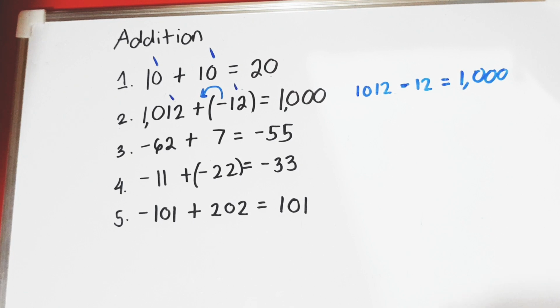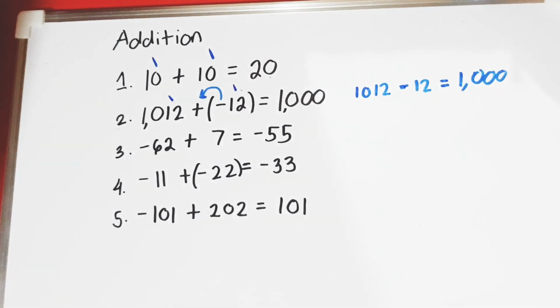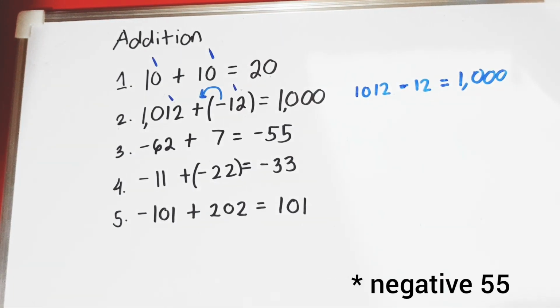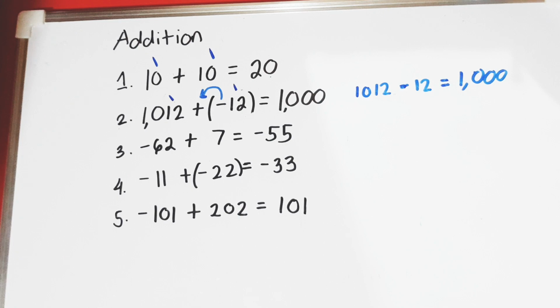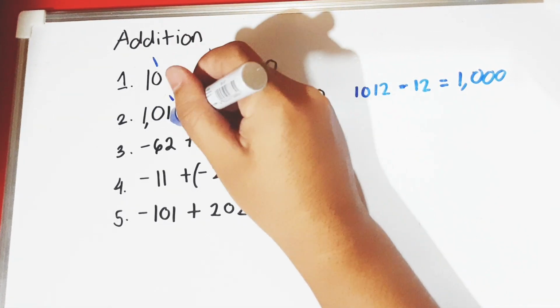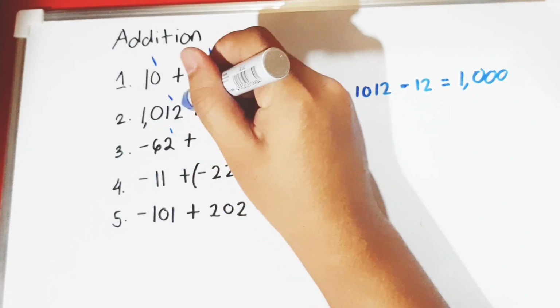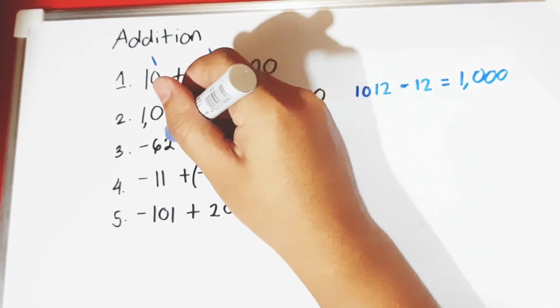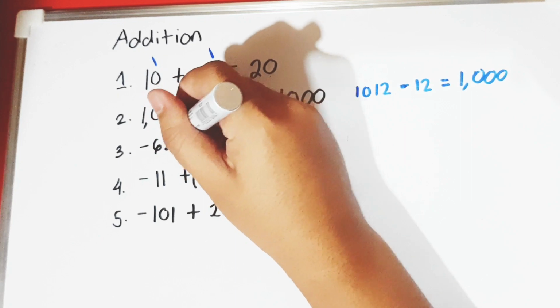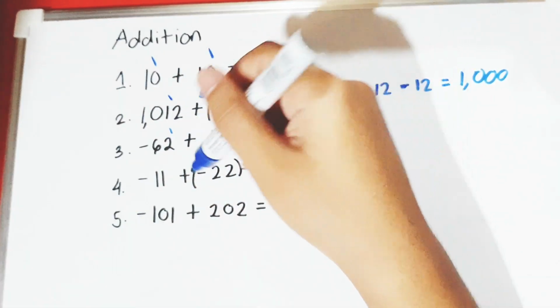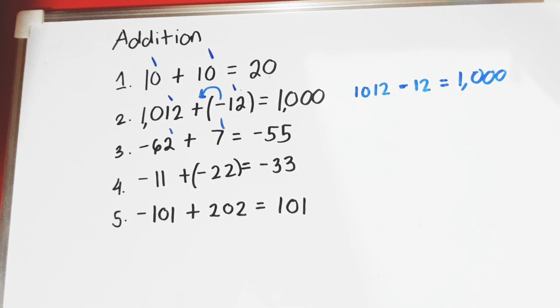In case number 3, negative 62 plus 7 is equal to negative 55. In this case, it's the same as case number 2, but the negative one comes first and the other one is positive, and the larger number in regards to the sign is 62.